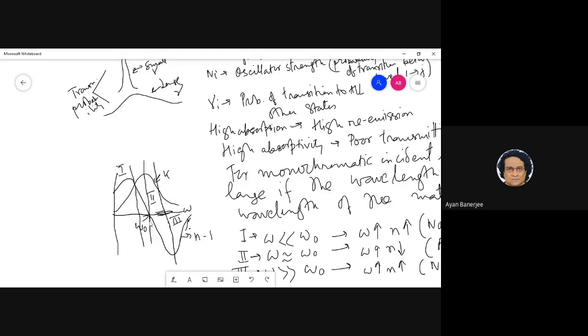At resonance, n minus one is zero, and K is something that leads to absorption. It's the absorption coefficient, and that is maximum at resonance.